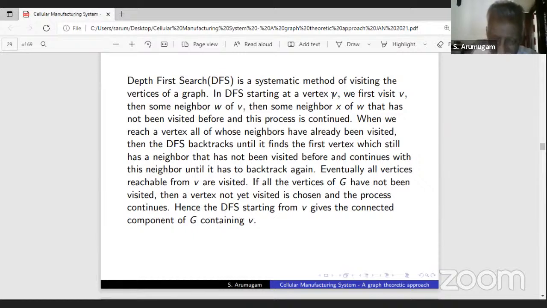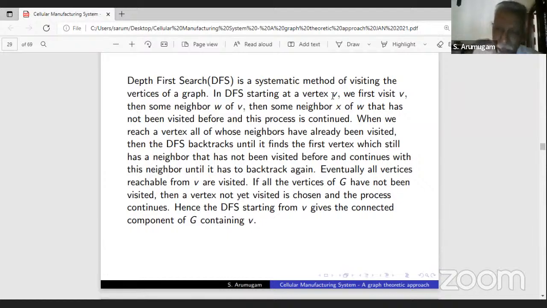Then take an unvisited neighbor of V and mark it as visited. Is that clear? Start from an arbitrary vertex, say it is visited. Go to an unvisited neighbor of that vertex. Mark it as visited. Then go to an unvisited neighbor of the second vertex. Mark it as visited. Then take the third vertex and go to the unvisited neighbor. Proceed like this.